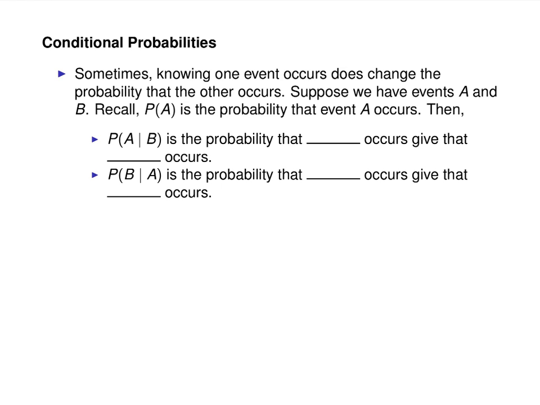So this little P of A line B, how you read this is the probability that A occurs given, I should say given, not give, given that B occurs. And the whole given that business means that you know B happens. What's the probability of A happening when you know this? That's what this is saying.